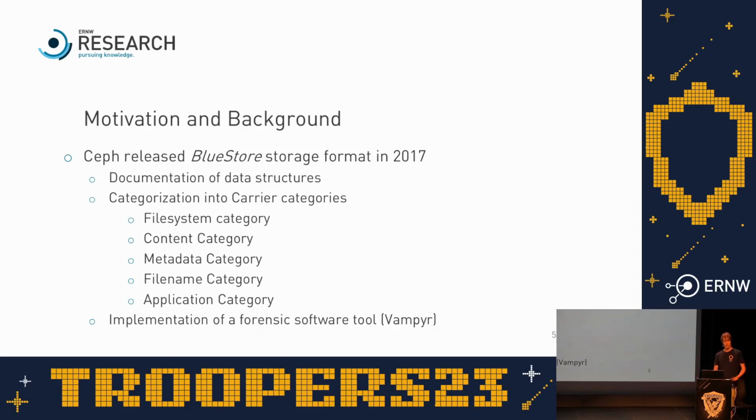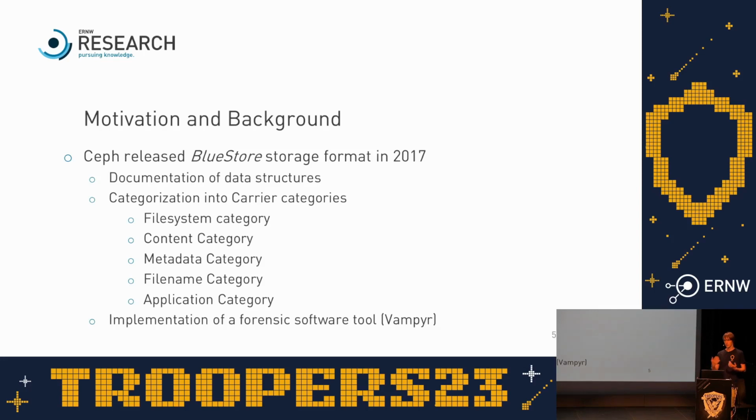You also have the content category, which is, as the name says, the content of the actual data. If you think about a normal file system, it's like the file content that you write to the drive, or also the contents of directories. And it also includes like the metadata that tracks if certain areas of your file system are in use or are not in use. The metadata category is also straightforward.